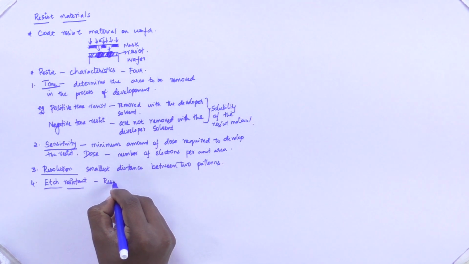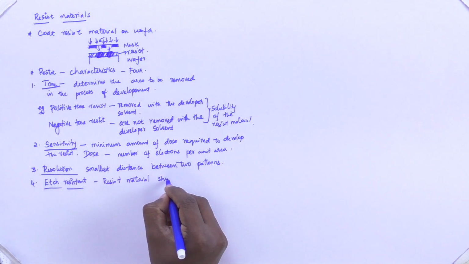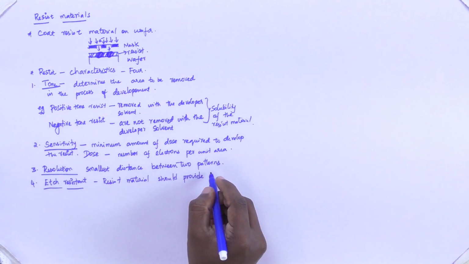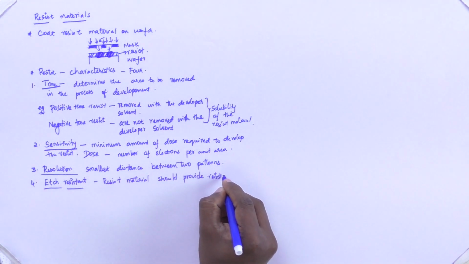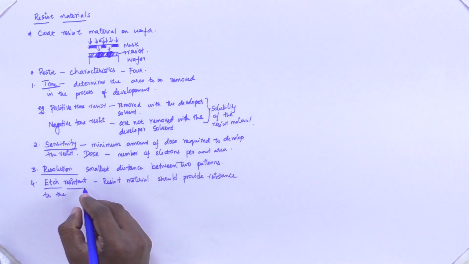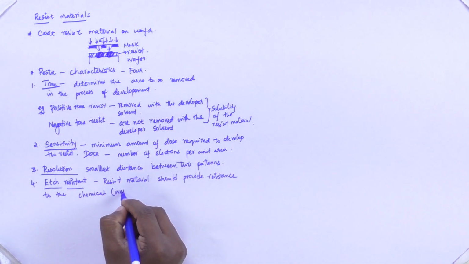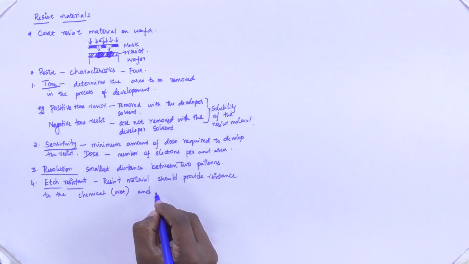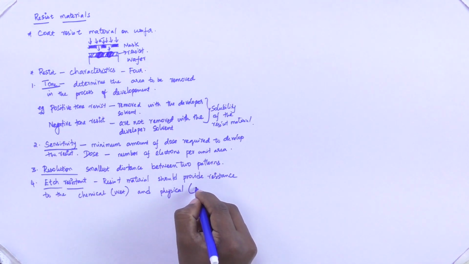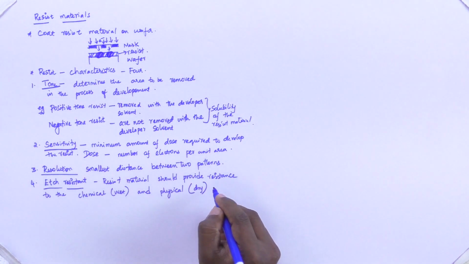The resist material you have chosen should provide resistance to the chemical action which we call wet etching, as well as resistance to the physical action which is nothing but dry etching.